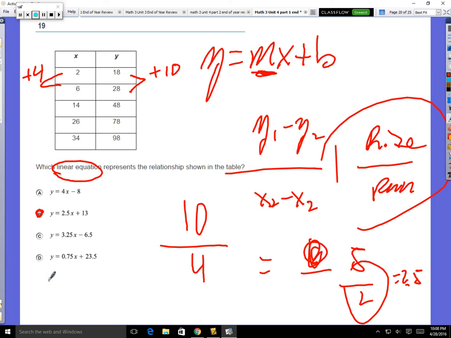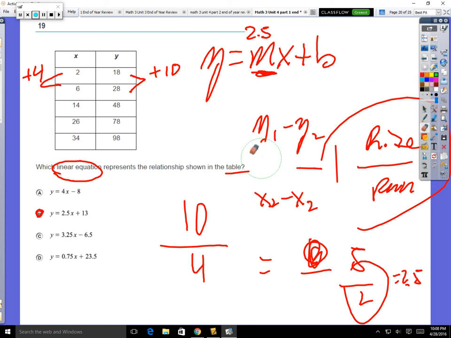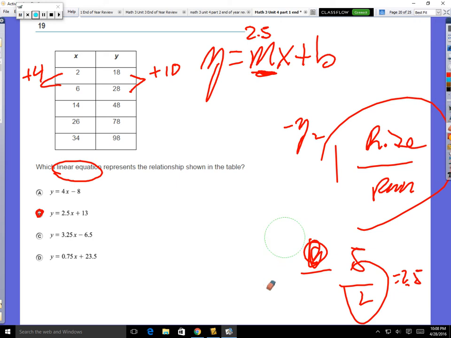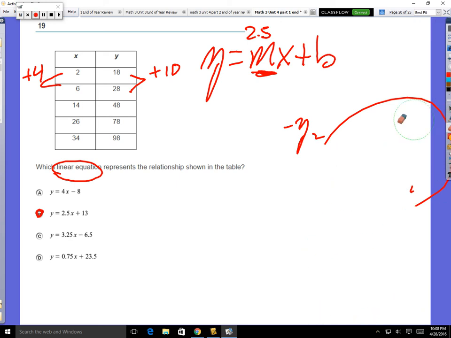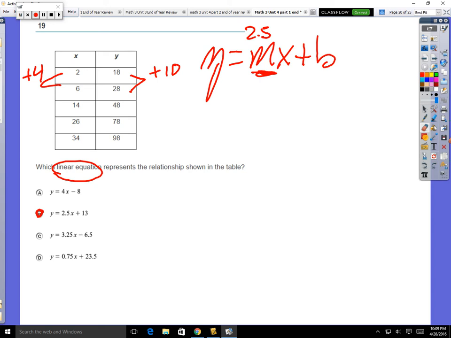So now, if you know your slope is 2.5, and it was not multiple choice, and you had to find b, you just choose a dot.